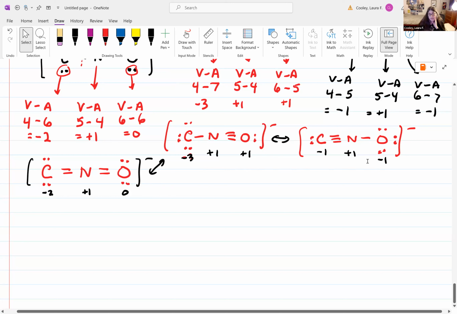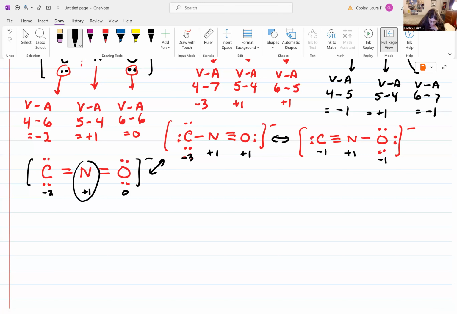They all have formal charges on at least 2, and this has a -2 formal charge. So none of these are great. But look at this, -3. I mean, that's insane, right? One thing you notice is that all of them have formal charge of +1 on the central nitrogen.